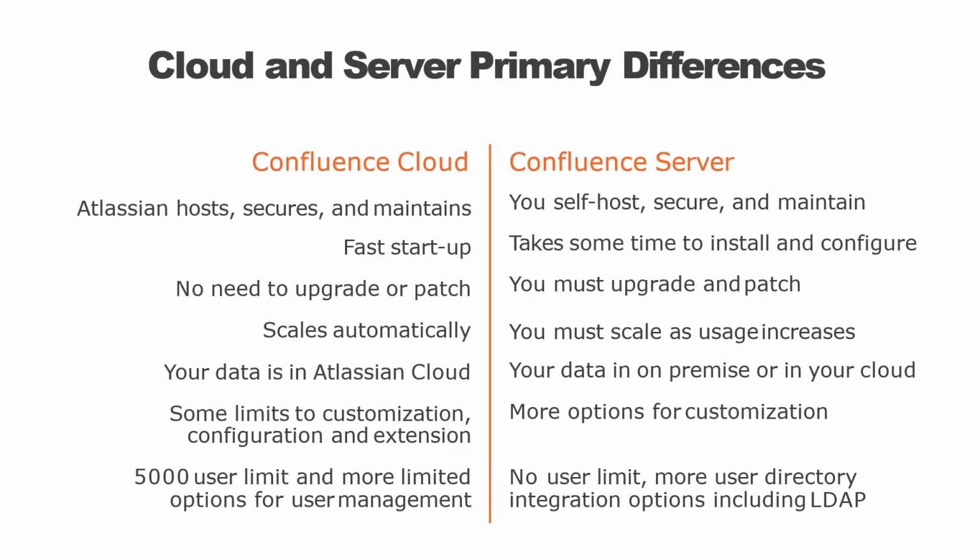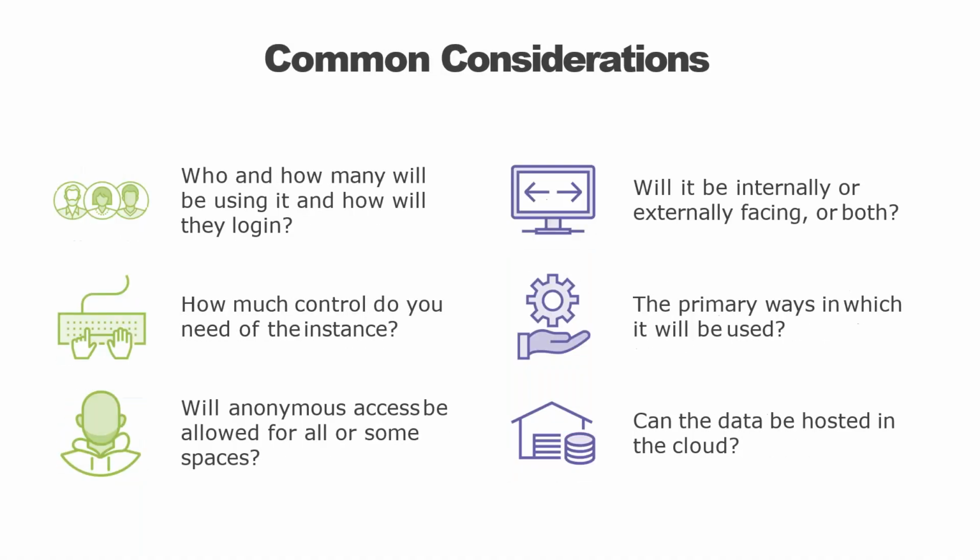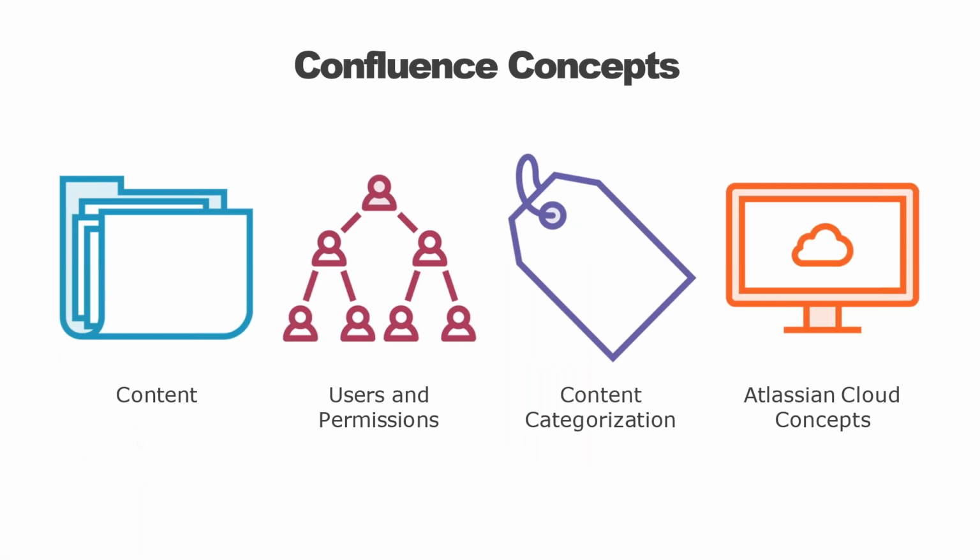Now, what is the difference between cloud and server? More or less it's the same, except that there are some limitations with the cloud, like the number of users and stuff like that. So that is something you can consider. Now, we all need to understand the concept of Confluence.